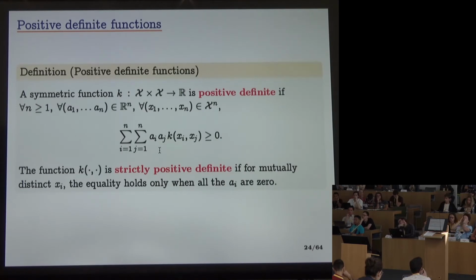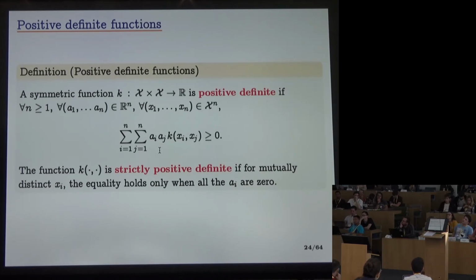If for whatever n, number of points that I choose, for whatever x, the points that I choose in my space, and for whatever a, the scalars that I choose, this double sum is greater than or equal to 0, then my k is positive definite. Strictly positive definite means that for distinct x, this is always greater than 0 unless all of the a's are 0.